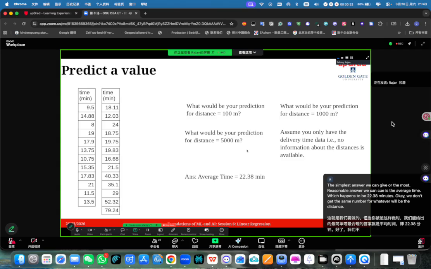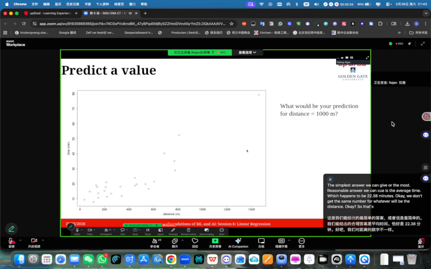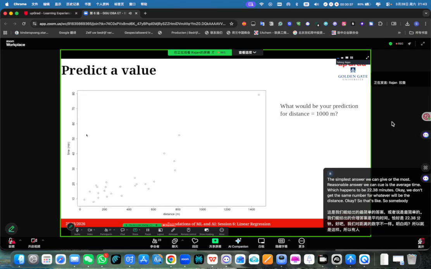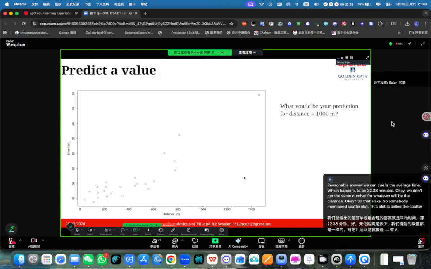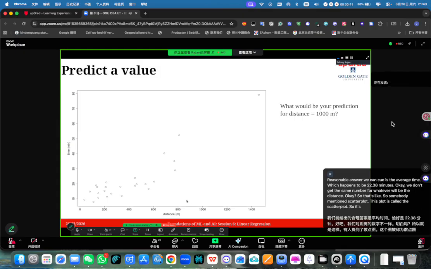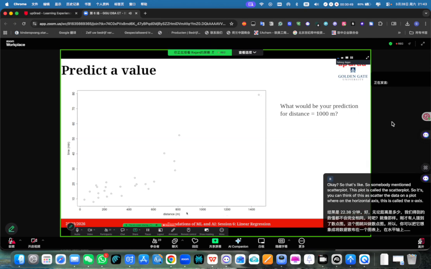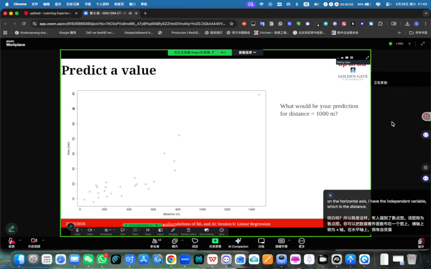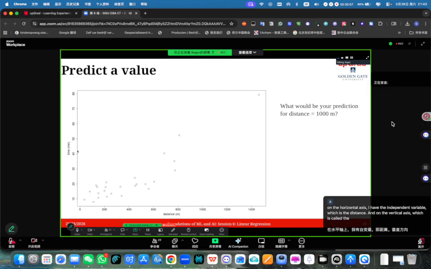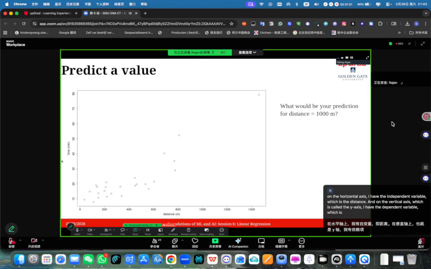Somebody mentioned a scatter plot. This plot is called the scatter plot. You can think of this as data scattered on a plot where on the horizontal axis, called the x-axis, I have the independent variable, which is the distance. And on the vertical axis, called the y-axis, I have the dependent variable, which is the time to deliver in our case.